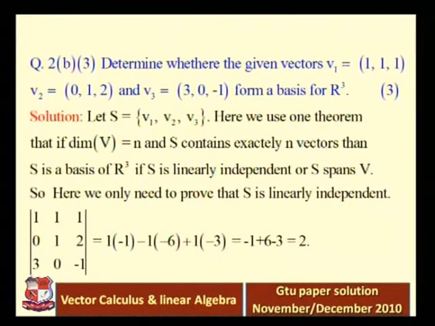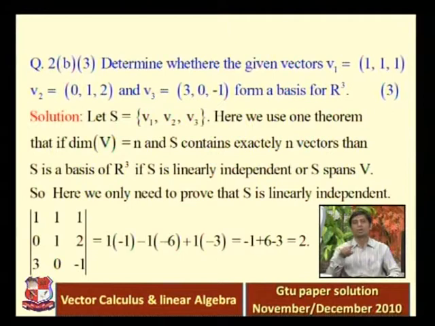So I repeat this theorem. Let S = {v1, v2, v3}. Here we use the theorem that if the dimension of V is equal to n and S contains exactly n vectors, then S is a basis of R3. Same thing happens here. All three vectors are from R3, so the dimension of R3 is equal to 3.